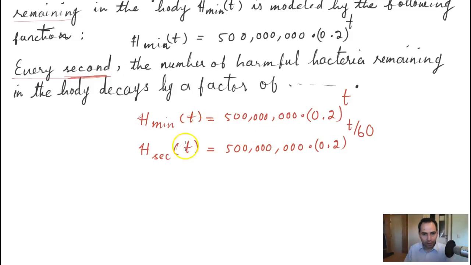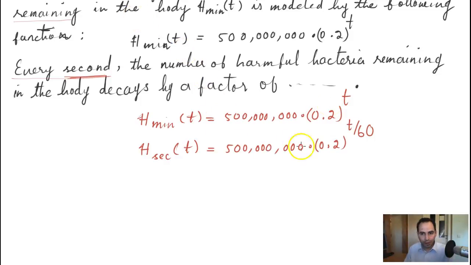So then, now if I enter here 60 seconds, it becomes h of second of 60, and 60 goes here, it becomes 60 divided by 60. So 60 divided by 60 is just 1, and basically 60 seconds is 1 minute. And so it's again the same thing as inputting 1 into this function, and it gives me the same output.